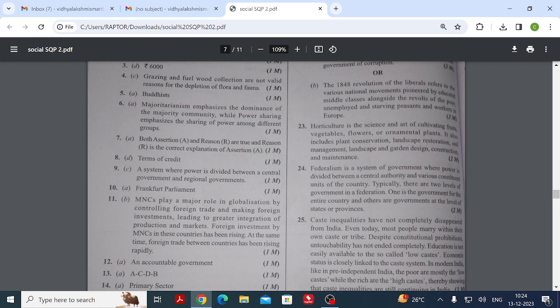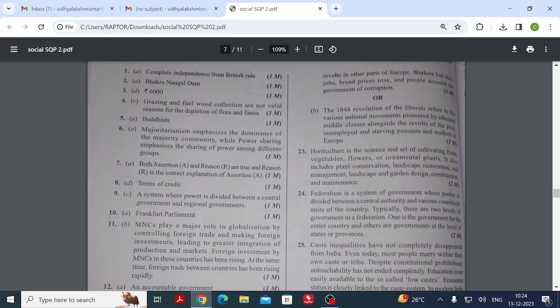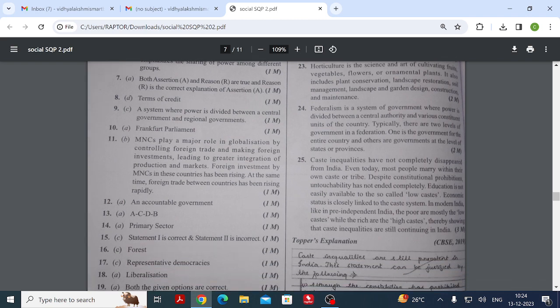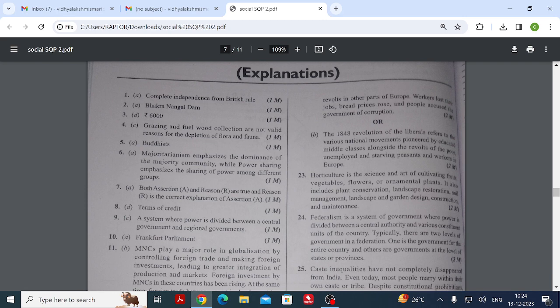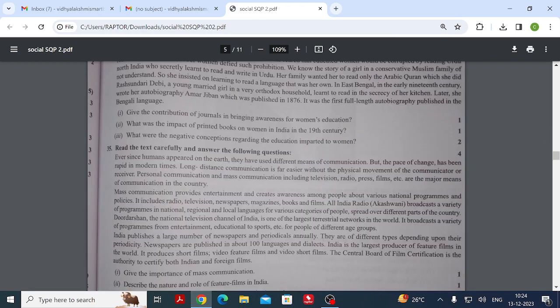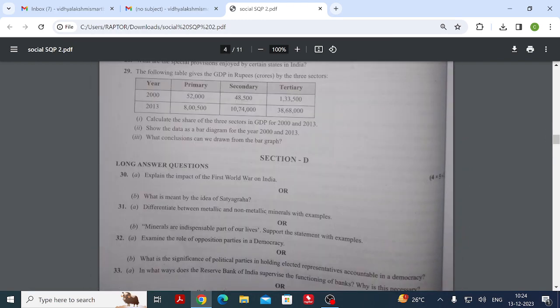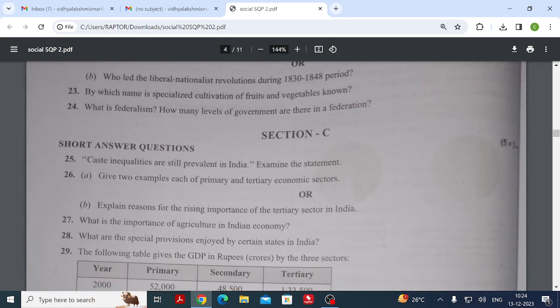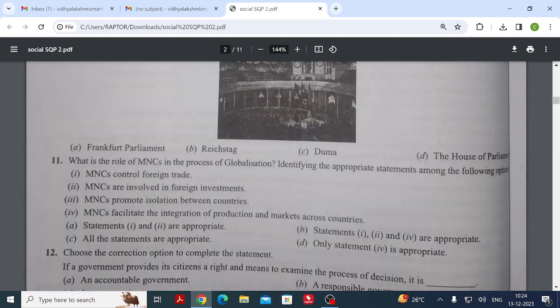Option B, but what was there? What have we told? Yes, the 11th one we had spoken about. Okay, questions 15 and 11. Let us check now.